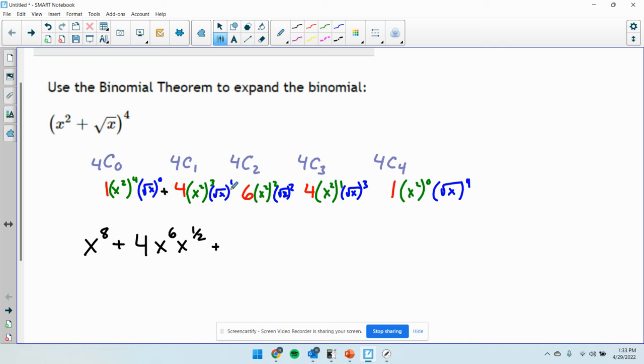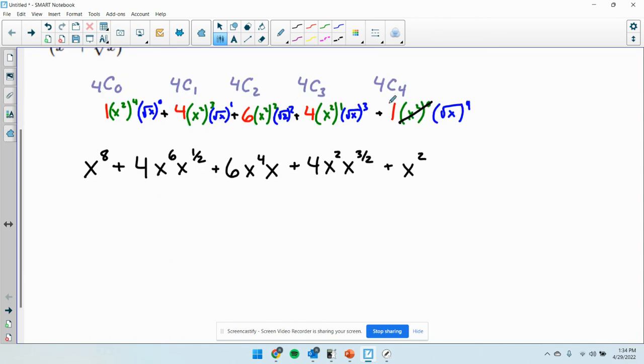Plus, this is all plus, by the way, 6 x to the fourth, square root of x squared is just going to be x, plus 4x squared, x to the 1/2 to the third is x to the 3/2, plus 1, something to the 0 power is 1, so that goes away. X squared, the square root of x to the fourth will be x squared. Almost there.